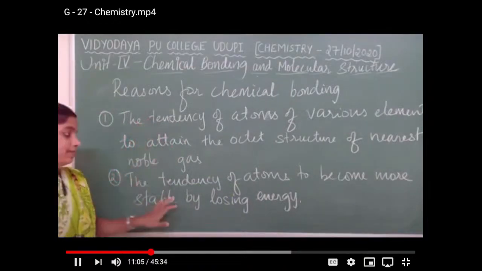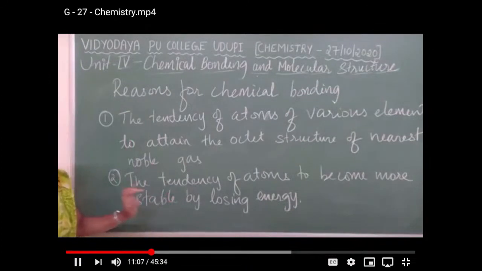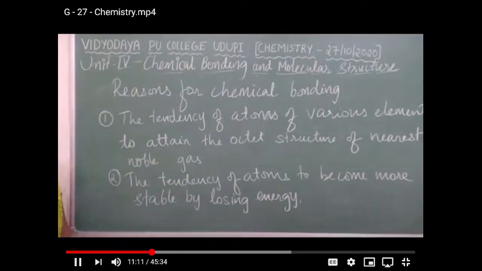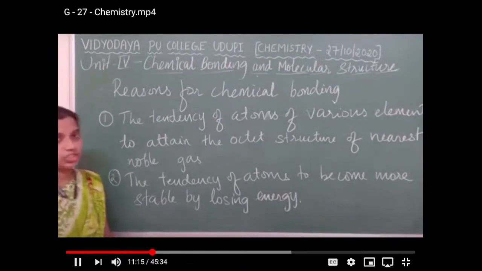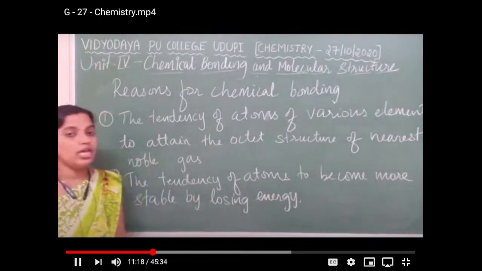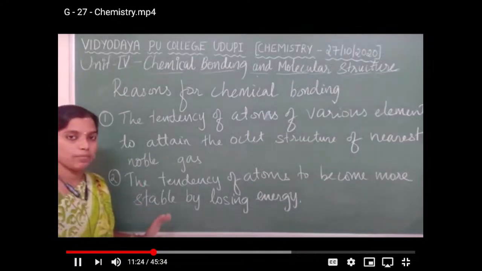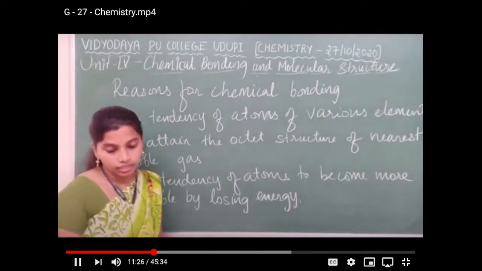So these are the two reasons for the formation of a chemical bond. First one is to attain the octet structure so that it becomes stable by attaining the electronic configuration of the nearest noble gas. Second one is the tendency to become more stable by losing the energy.